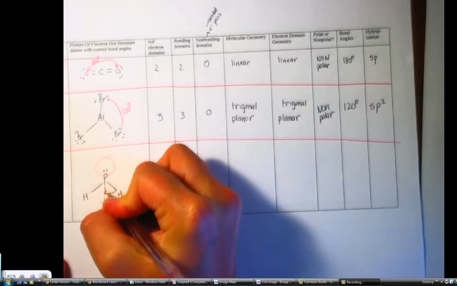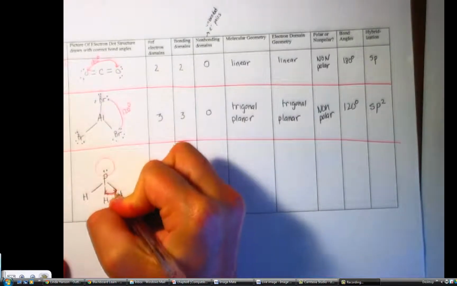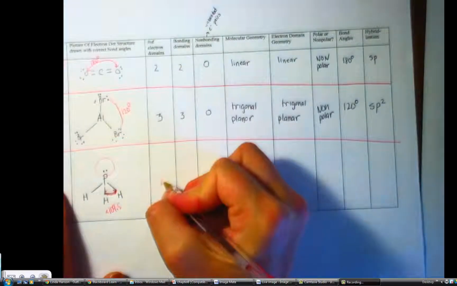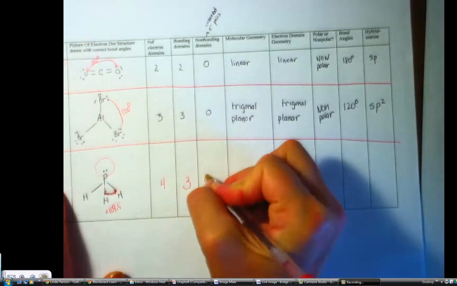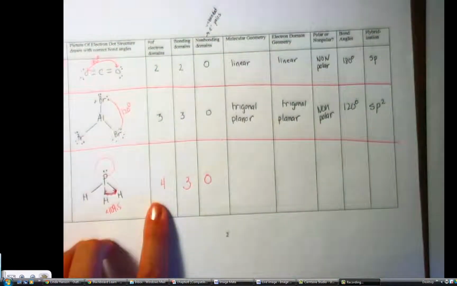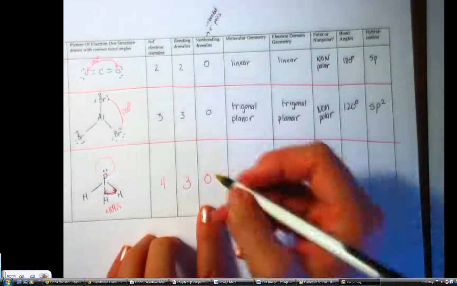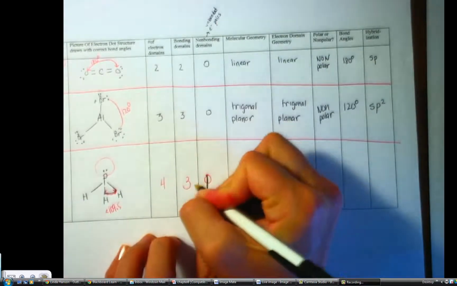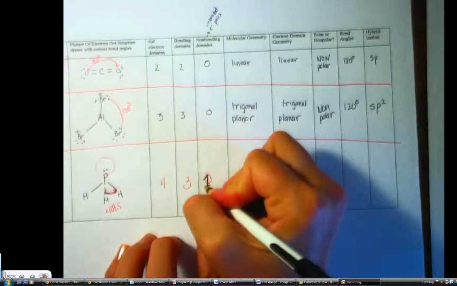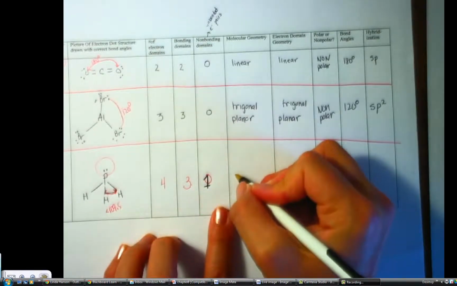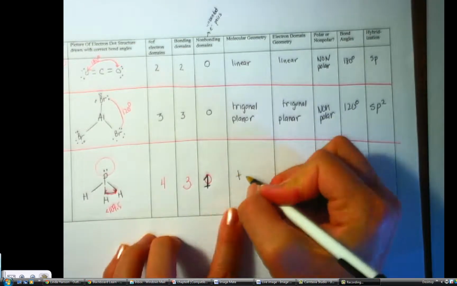So the electron domain here is 4: 3 of them bonded, 1 of them unbonded, 3 and 1 equals 4, which gives us a molecular geometry of trigonal pyramidal.